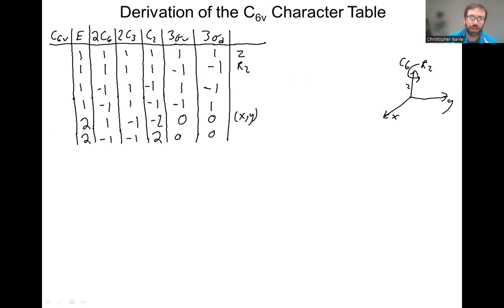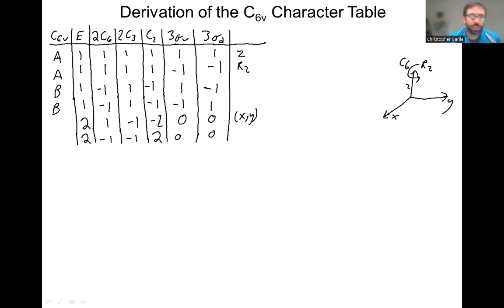So if the character under E is 1, you give it an A or a B. You give it an A if it's symmetric with respect to the principal rotation axis, the highest order Cn. C6 is the highest there, n equals 6. So if it's symmetric, we give it an A. If it's anti-symmetric, -1, we give it a B.